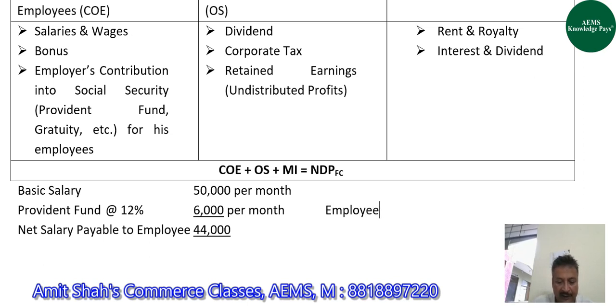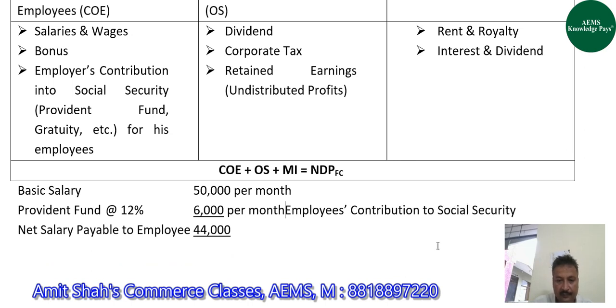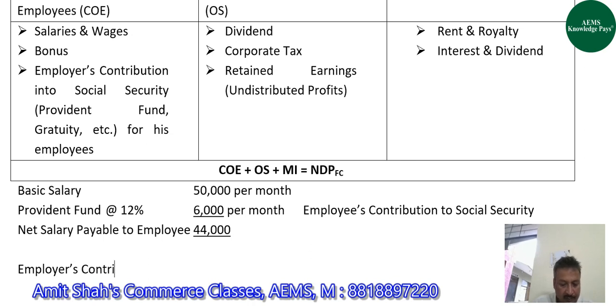This is called employee's contribution to social security. But at the same time, employer also has to contribute the same 6,000 rupees per month from his pocket.